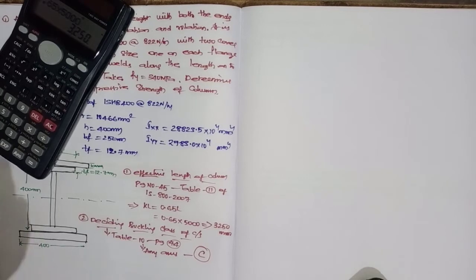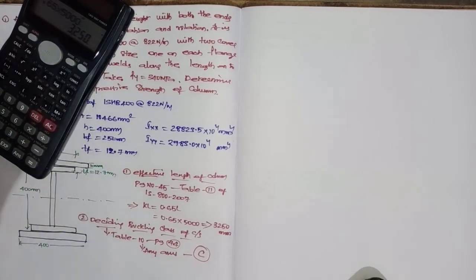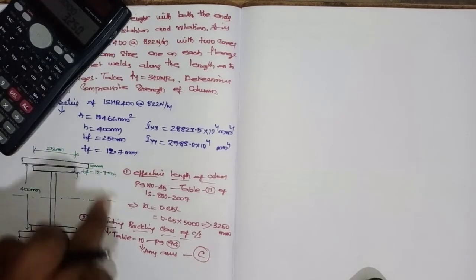Next, what is the third step actually? Calculating the effective slenderness ratio. For calculating the effective slenderness ratio, we require r minimum for a built up section. So in order to calculate r minimum, one should first calculate the moment of inertia of the built up section.